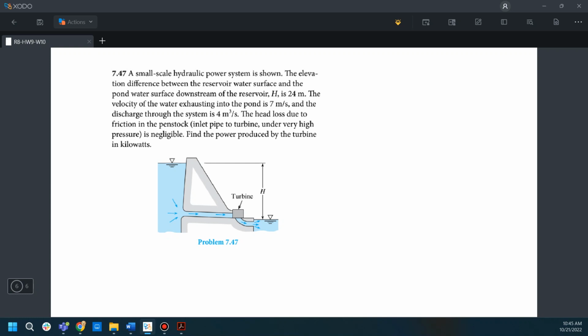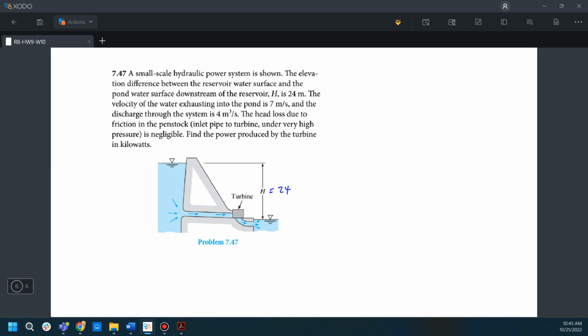7.47. A small-scale hydraulic power station is shown. The elevation difference between the reservoir water surface and the water surface downstream of the reservoir, H, is equal to 24 meters.